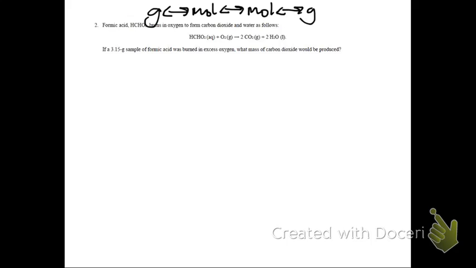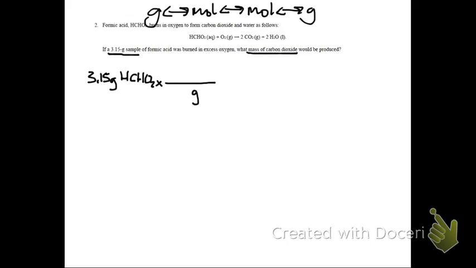So let's go ahead and hop right to the stoichiometry. Our given in this case is 3.15 grams of formic acid, and we're trying to find the mass of carbon dioxide. So that means we're going to go all the way from grams to grams. So we have 3.15 grams of formic acid, HCHO2.